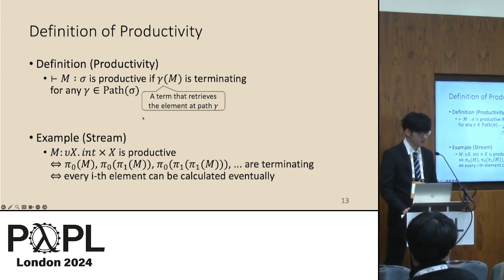For example, a stream M is productive if and only if these terms are terminating. And it is equivalent to the statement that for every i, the ith element can be calculated eventually.